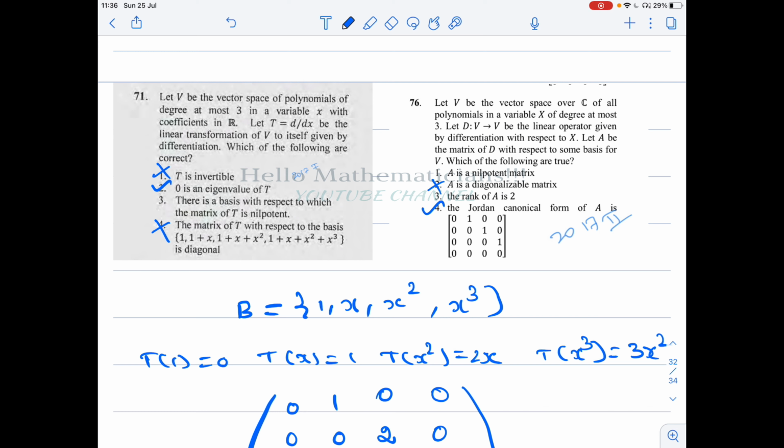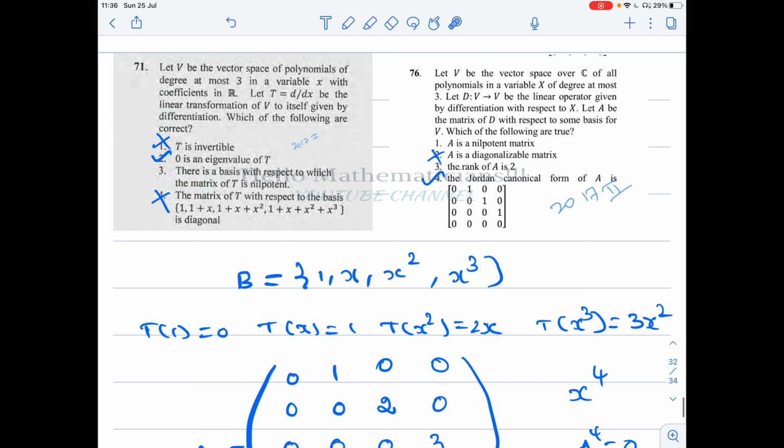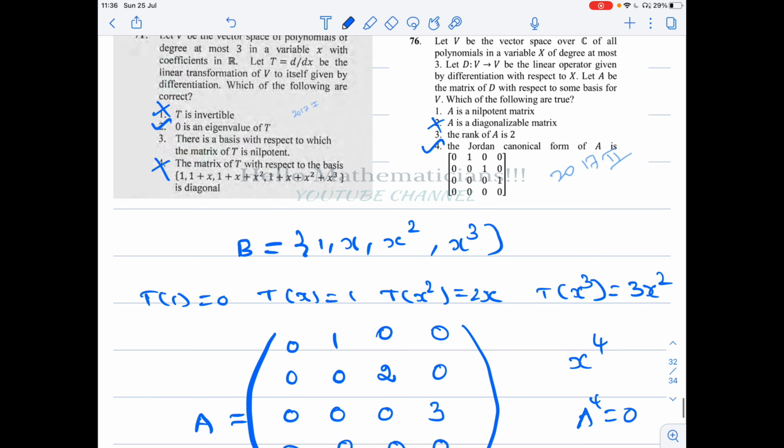T is invertible is wrong because we saw that 0 is an eigenvalue. And if you calculate, the characteristic polynomial is x power 4, therefore A power 4 will be 0. Therefore this matrix is nilpotent, therefore A is a nilpotent matrix.